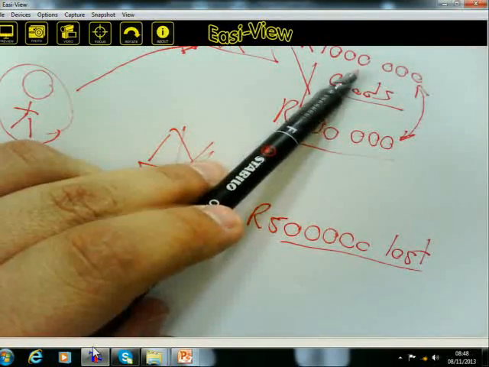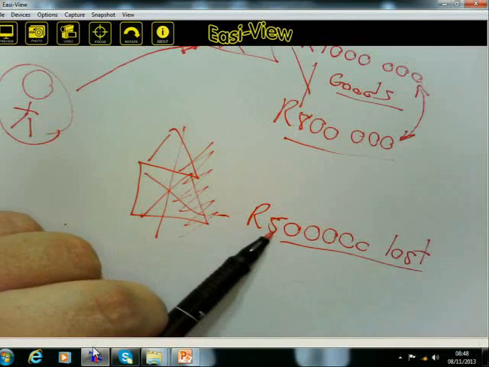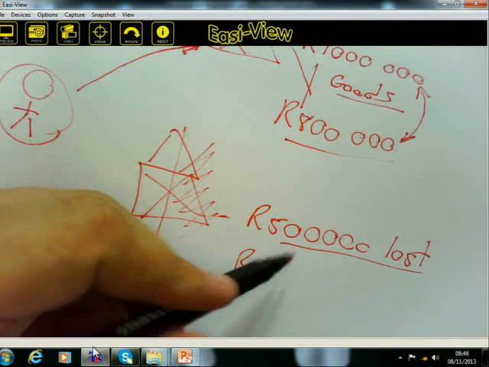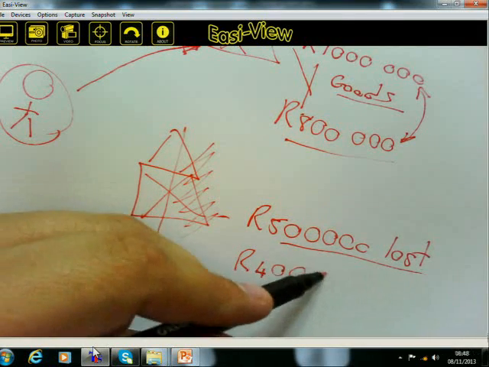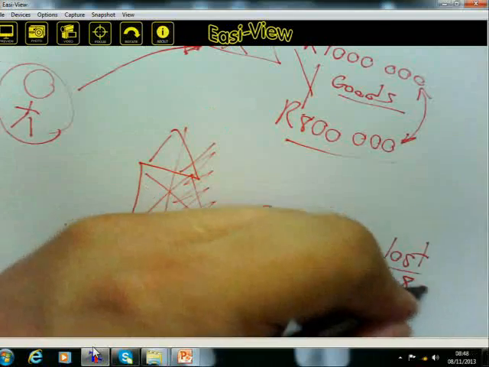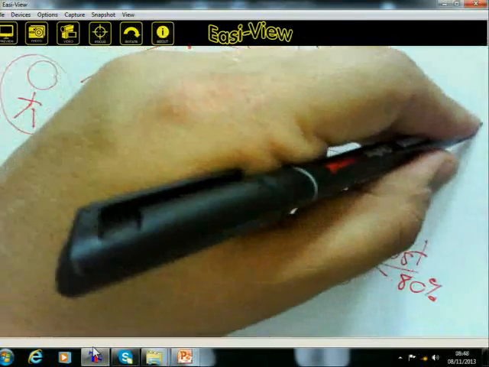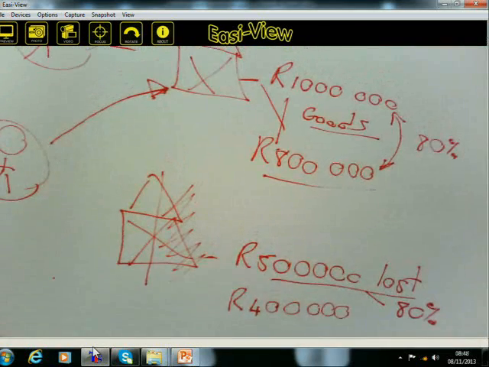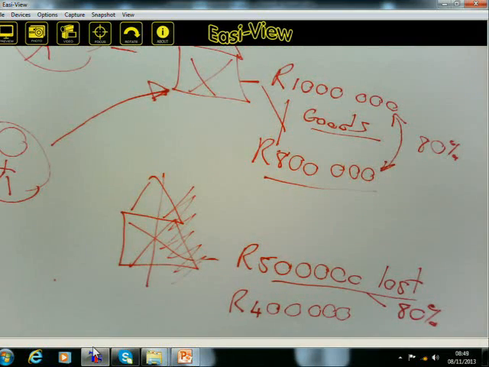It's worth 1 million. If 500,000 is lost, I give you one guess, how much is going to get paid out? 400,000. Only 80%, because you only insured it for 80%. Everybody with me? You see, it's kind of a shock, isn't it? That's the average clause. That's how it's supposed to work.